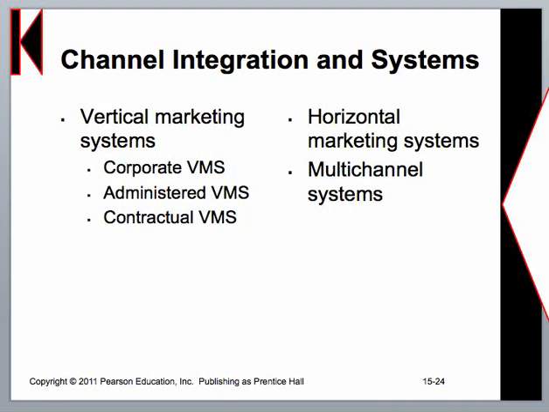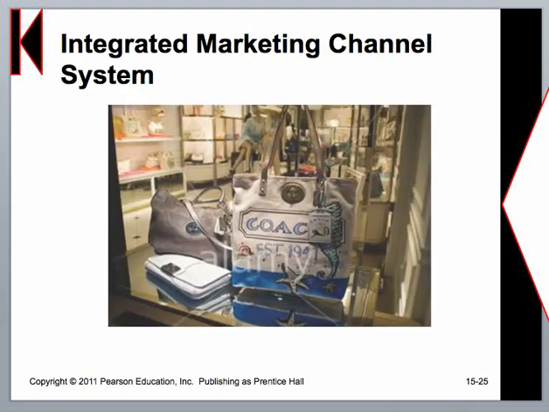Now, channel integration systems. Sometimes there are corporate vertical marketing systems where a corporation will own all the means of distribution all the way to the retail point. So manufacturer all the way through. Vertical integration is another way to say it. That could be a decision too. Integrated channel, there you go for Coach.